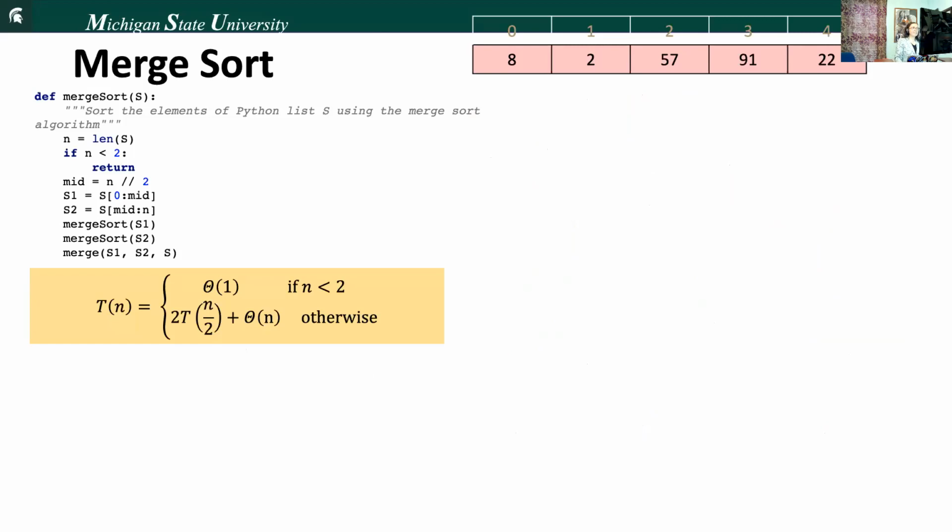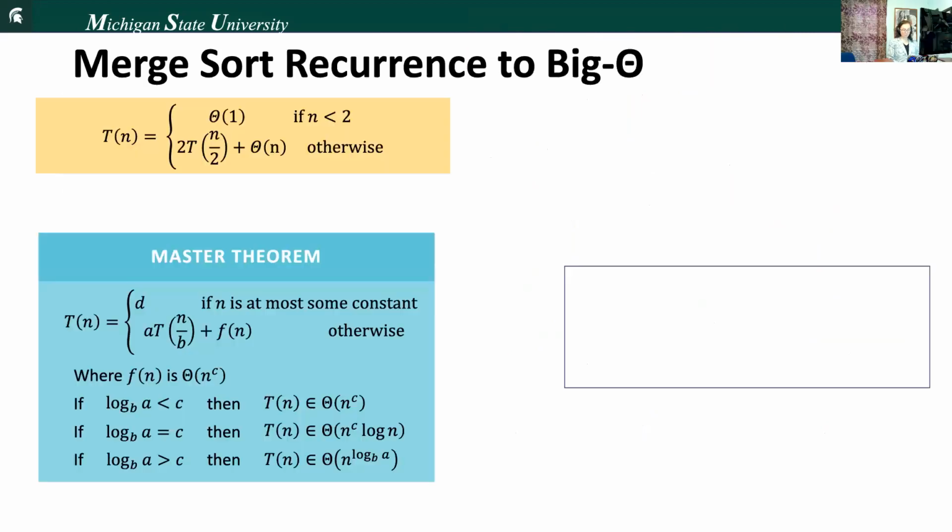So if that's the case, now I'm asking you if you can analyze it for me. Can you use the master theorem to solve this? Yes. Should we do this together using the master theorem to solve this? Okay. What is A? It's a question for you.